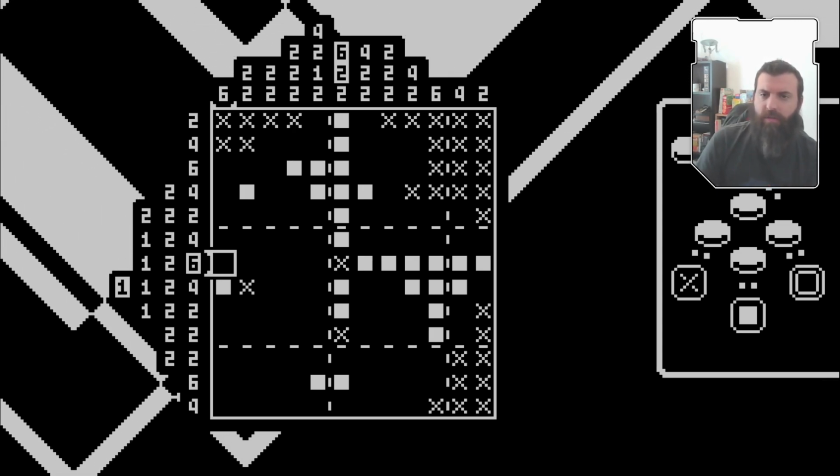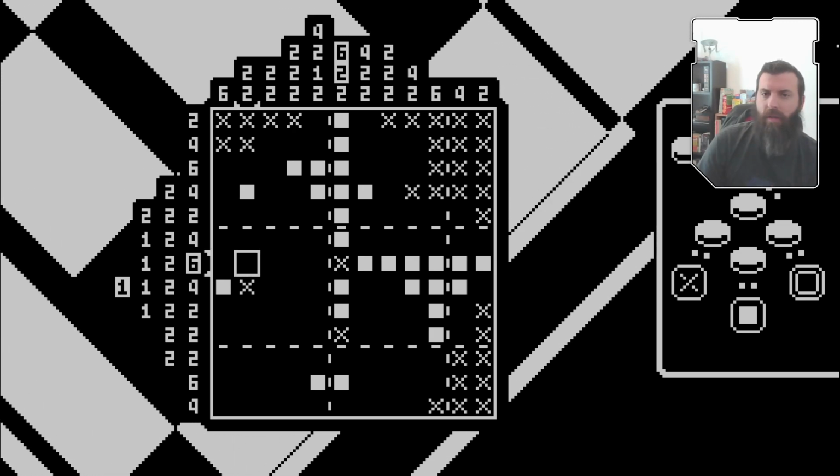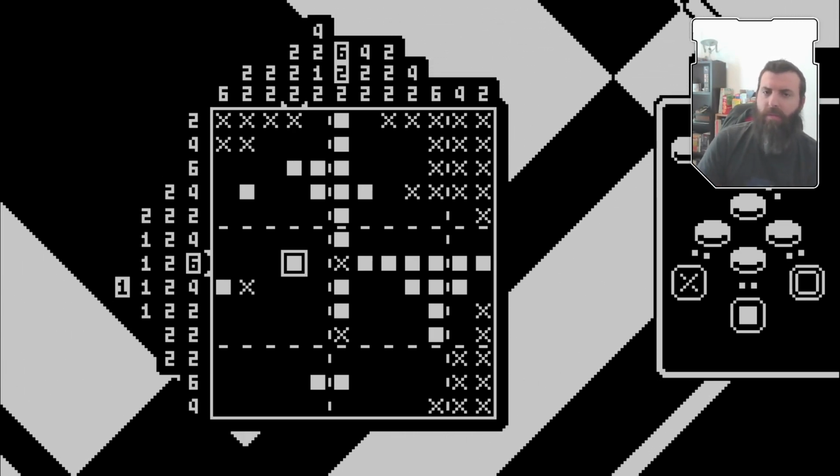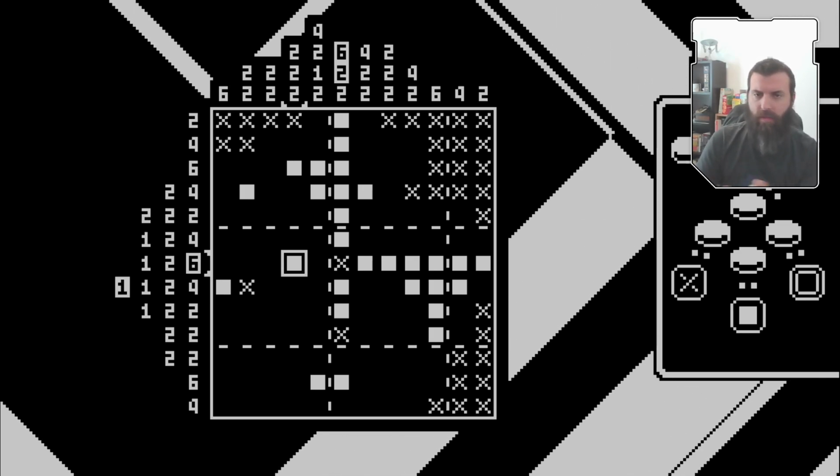Looking at our horizontal 1, 2, 6, we got 1 space 2. This pixel has to be filled, either way we arrange it.